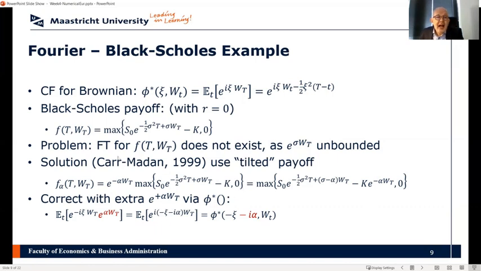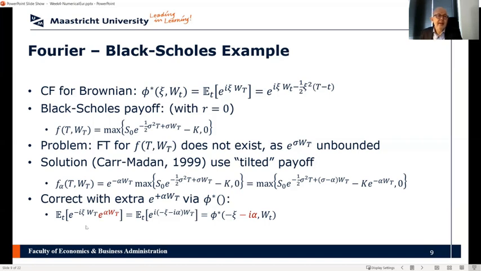But now the question is, how can I compute the actual payoff that I want? Well, I have incorporated an e to the power -alpha Wt in the payoff. So therefore, I can twist or shift my characteristic function to include an extra factor e to the power plus alpha Wt.